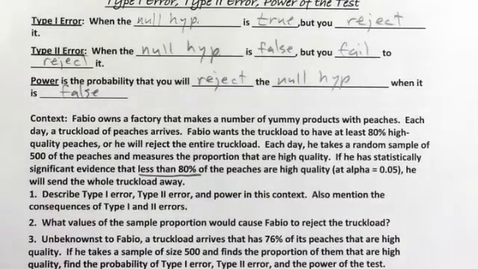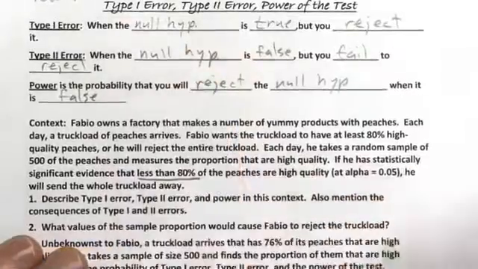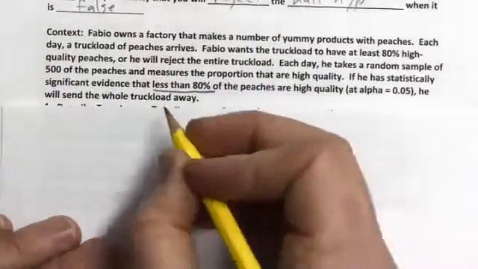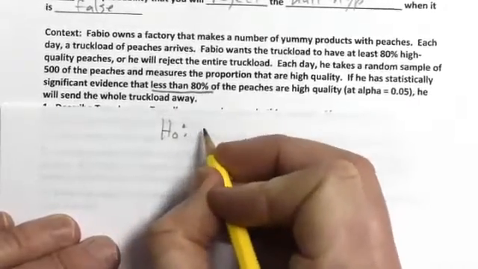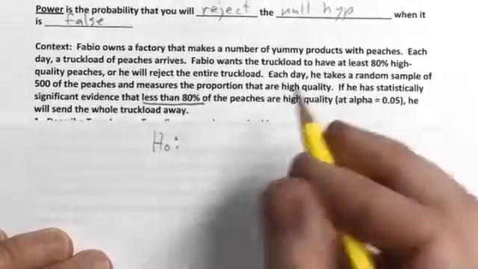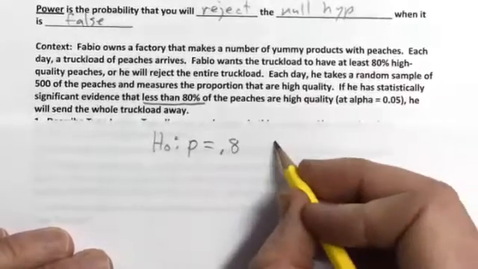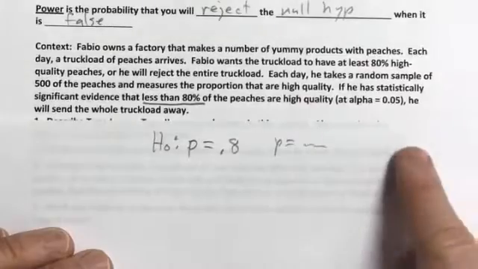Okay, so in order to state type 1 error and type 2 error, we have to define a null and an alternative hypothesis. In this particular setting, our null hypothesis is whatever is in essence claimed in the problem, or the status quo, and that's 80%. We're dealing with the proportion, so that's p = 0.8, where p is the proportion of all of the peaches that are high quality.